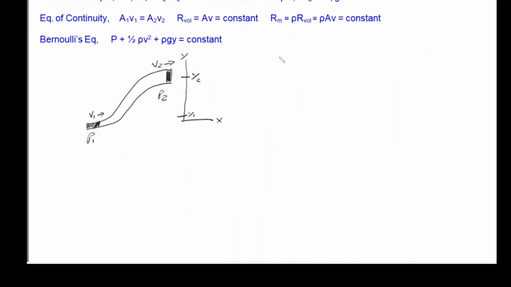So now we're going to talk about Bernoulli's equation. Bernoulli's equation relates the pressure in a tube to the speed of flow of the fluid and the height of the fluid.